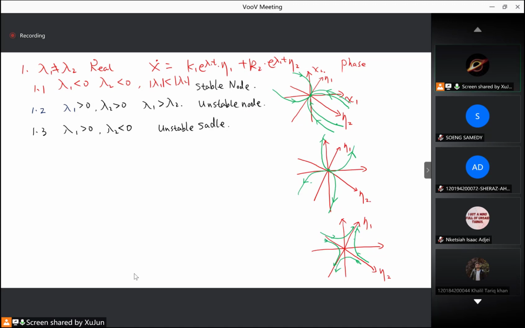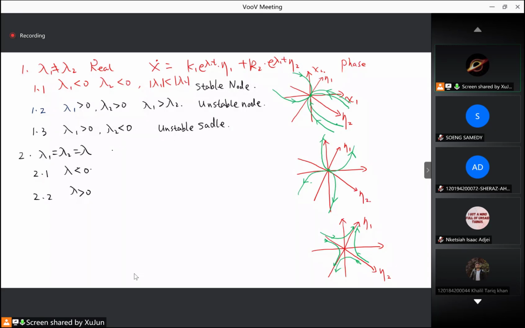So this figure shows an initial point moving in the phase figure. Case 2: lambda 1 equals lambda 2 equals lambda. 2.1: lambda less than 0. 2.2: lambda larger than 0.